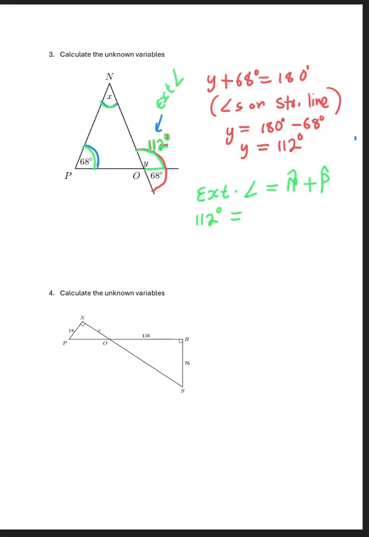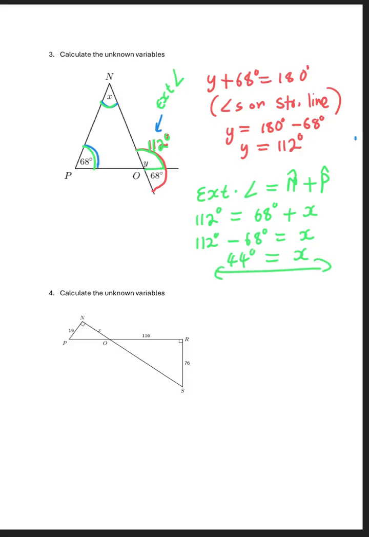And then angle N and angle P is X, right? And then we say 112 minus 68 is equals to X. And then 112 minus 68 gives us 44. So therefore the value of X will be 44.